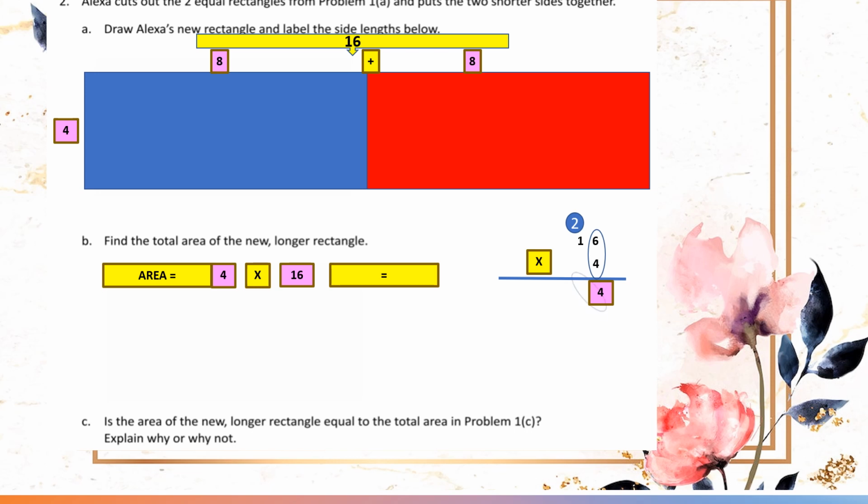Now we're going to multiply 4 times 1. And what's 4 times 1? Well, if you said 4, you're absolutely correct. Now, let's not forget we have that 2 hovering over the tens place. So that 2 means that we have to add a whole 20 because it's in the tens place.